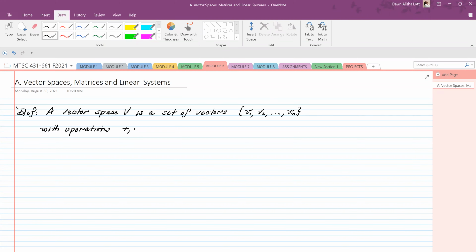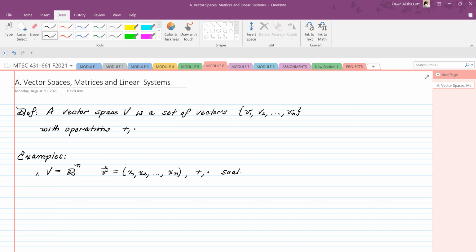We like that one. V is a vector, and the vector has x1, x2, all the way up to xn elements. And it also has addition and multiplication, and is a vector space over some scalar field.